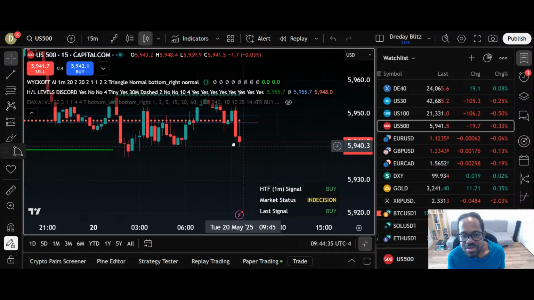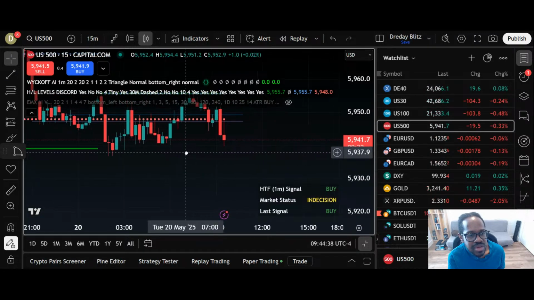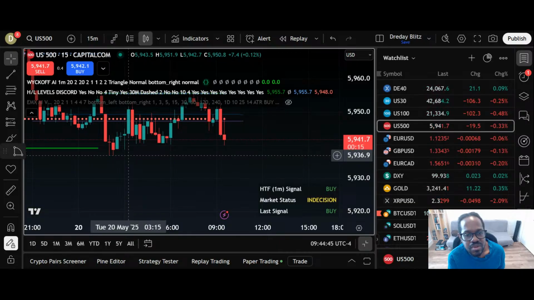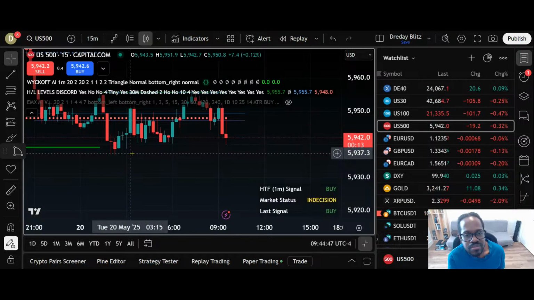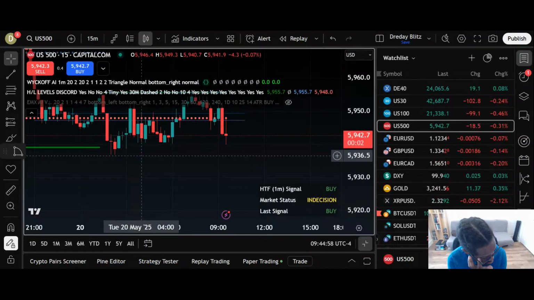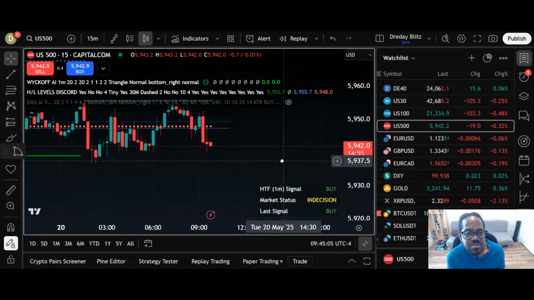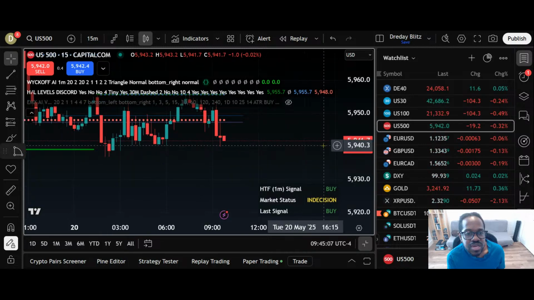Let's see if it wants to close below this level here. All right, so it closed as a doji.